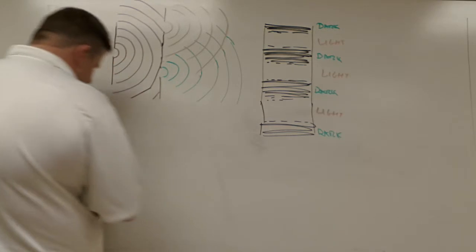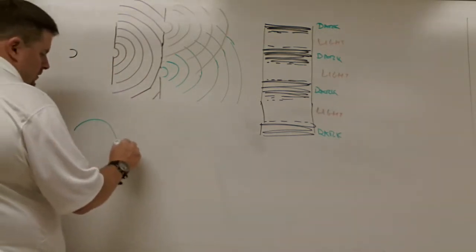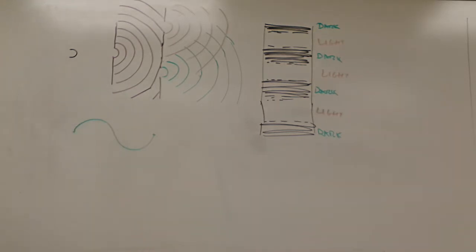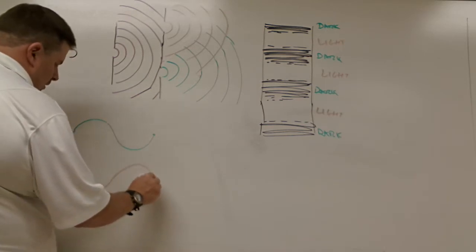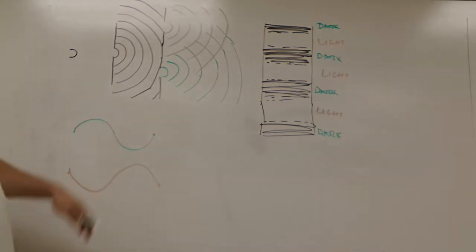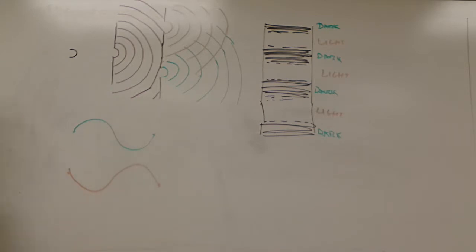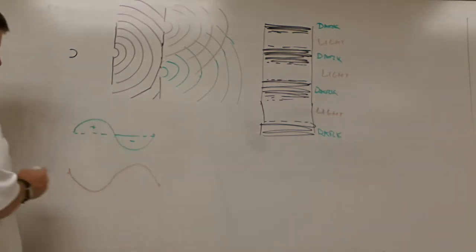To give you an idea of what this is, if I have two wavelengths, here's wavelength number 1, and I'm going to put wavelength number 2 here. For the purpose of argument, assume that the amplitude of both of these waves is the same. Now, this one's got a positive value and a negative value.